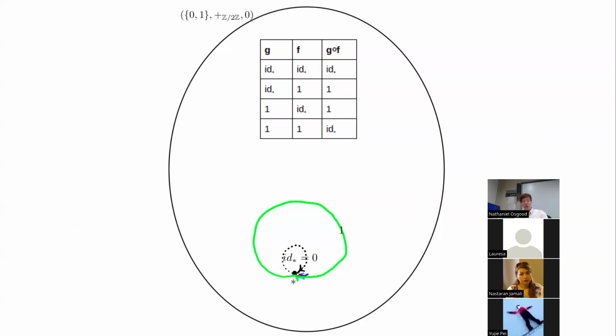So this is a category with a single object. We're going to call the object star. Don't get caught up in thinking it's some weird set, or that it secretly has some elements. No. It's just a dot. Keep your attention on the morphisms.